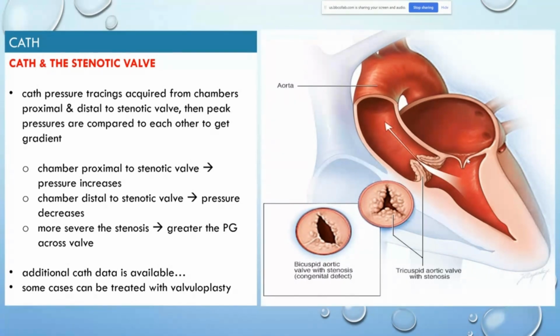But you can't do this all the time because it depends on the type of stenosis that the person has, because you don't want a piece of that breaking off, traveling through the aorta and giving the person a stroke.